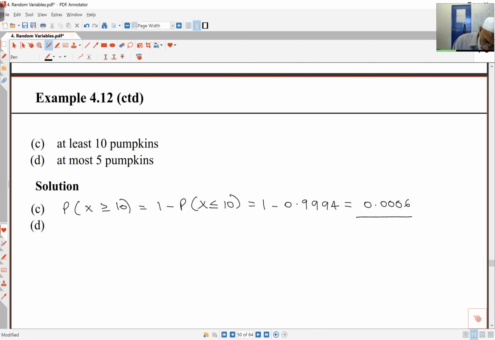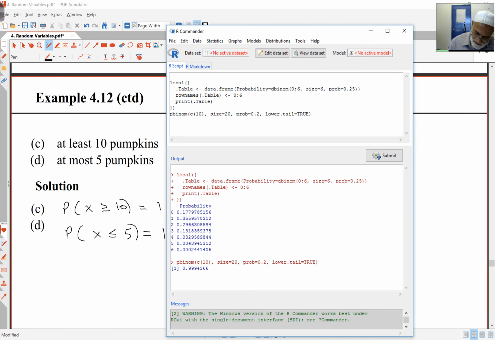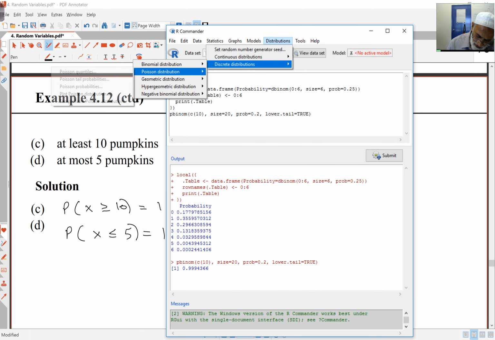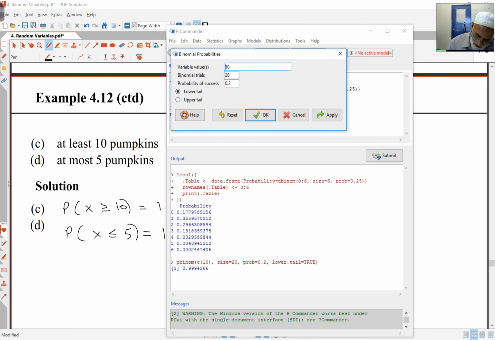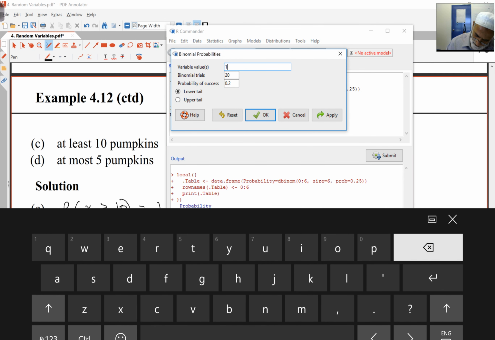At most 5 pumpkins, so that means probability of X less than or equal to 5. And so if we look at R again, less than or equal to 5, I'll repeat the process, distributions, discrete, binomial, binomial probabilities. So before I had 10 there, and now I change that to 5.